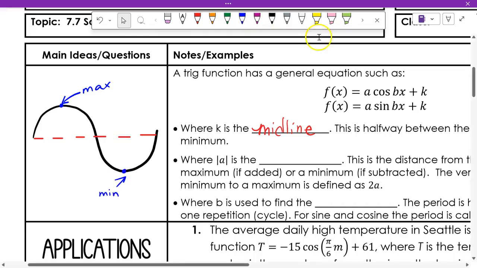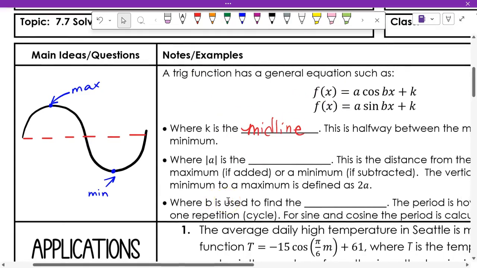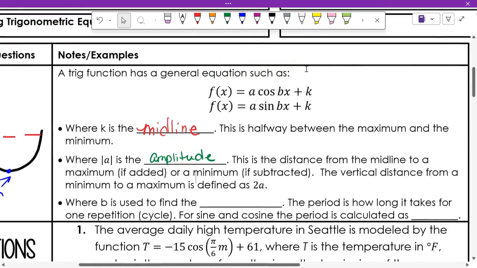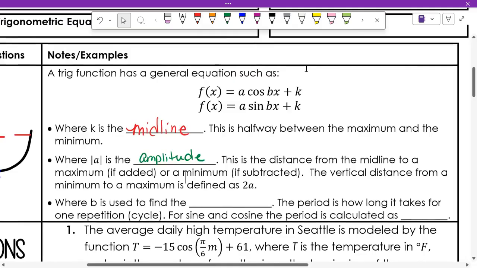Okay. Now, the absolute value of A is what we're going to refer to as our amplitude. Amplitude is the distance from the midline to a maximum if added, or to a minimum if we subtract it from the midline.